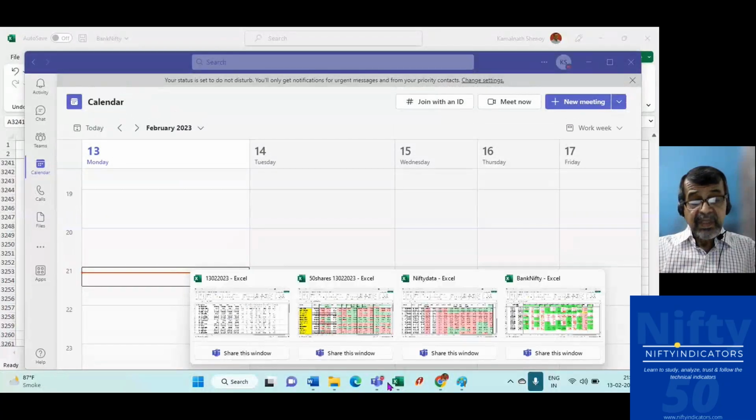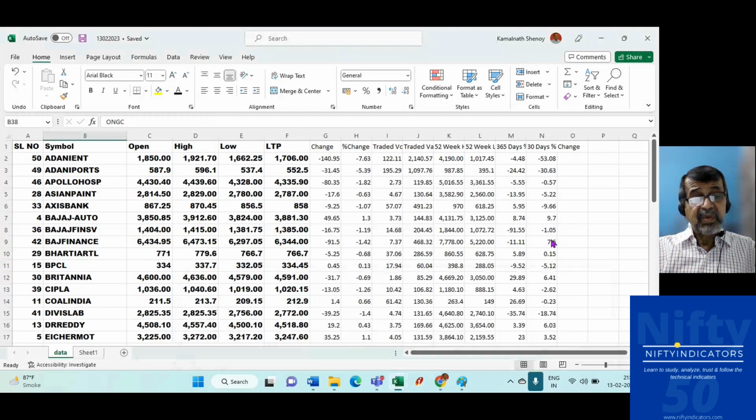So today, I really don't have any suggestions as such, except that I will provide you with the indicators of Nifty, Bank Nifty, and the components of Nifty, so that you can have a look at it and decide what you want to do.